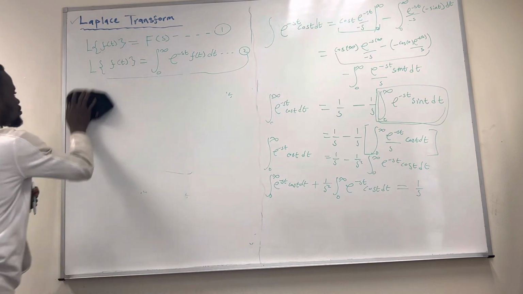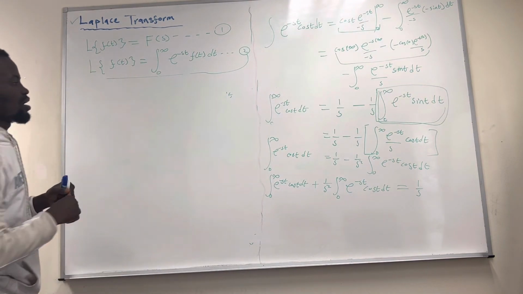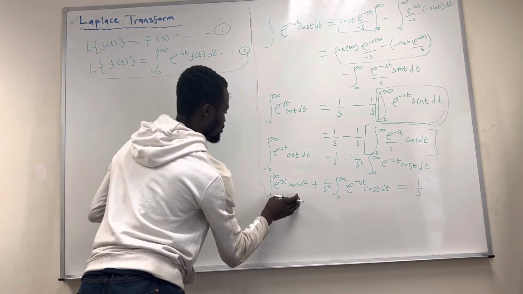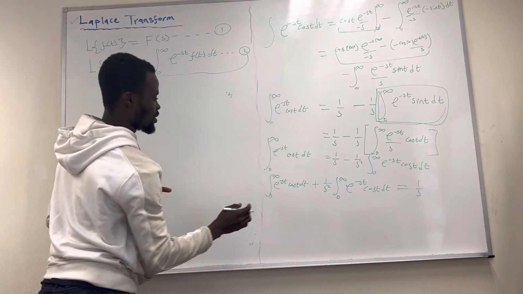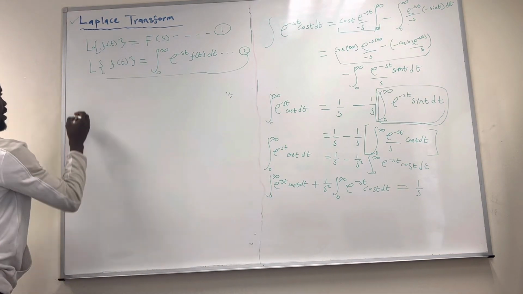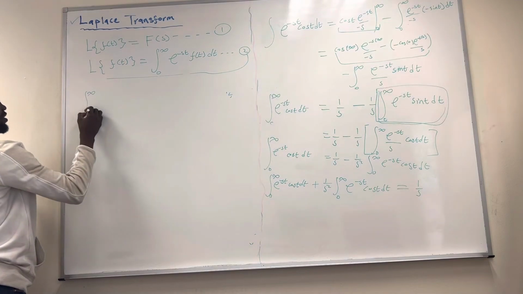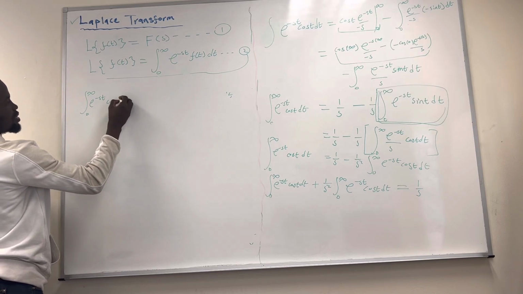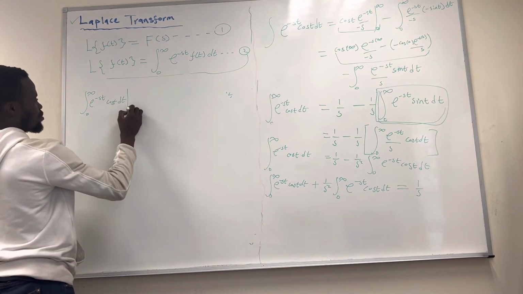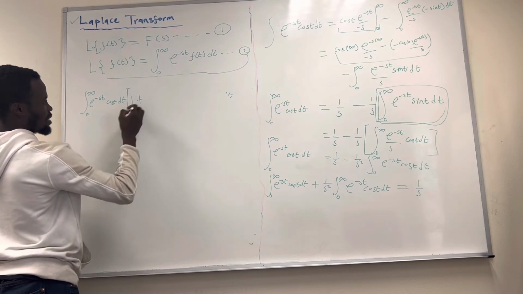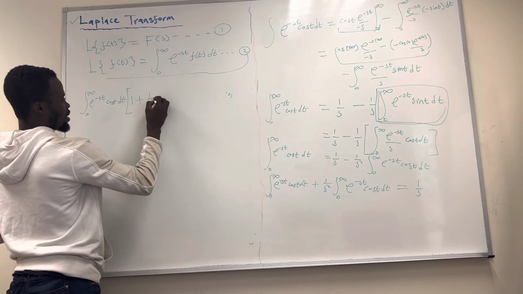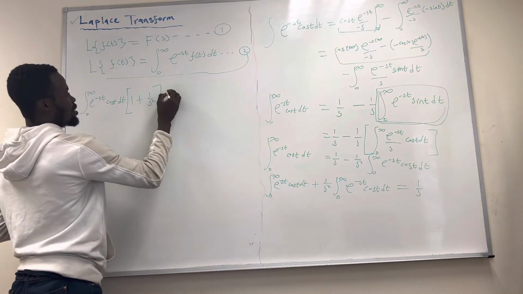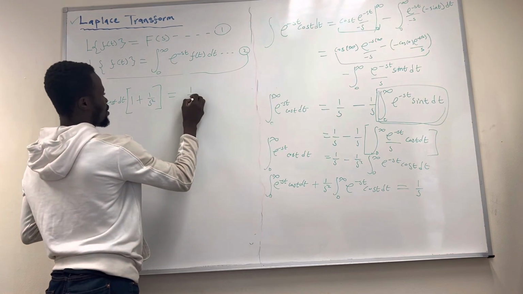Next, so now we have common terms here that we can factor out. So we are going to get the integral from 0 to infinity of e to the negative st cos t dt, open up 1 plus 1 over s squared, equal to 1 over s.